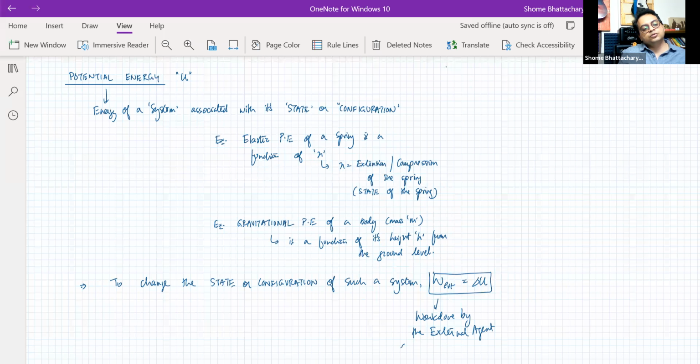Okay, but work done to do what? In order to change the state. That equals the change in its potential energy. So this is the concept that we will use to derive the formula for potential energy for various types of systems, including potential energy of a spring or gravitational potential energy, etc.